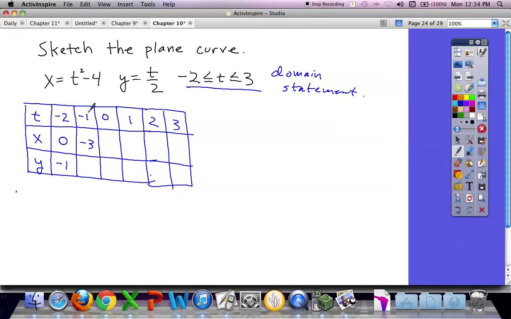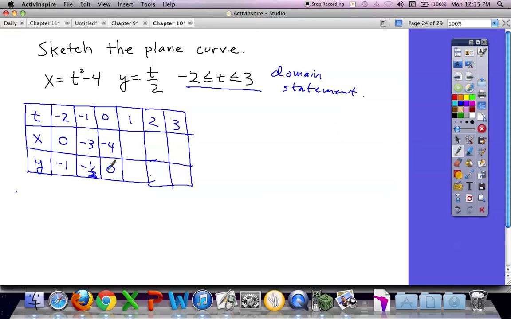If I put in t is -1 over here, I get -1/2. Okay. If I put in a 0, I get x is -4 and y is 0.